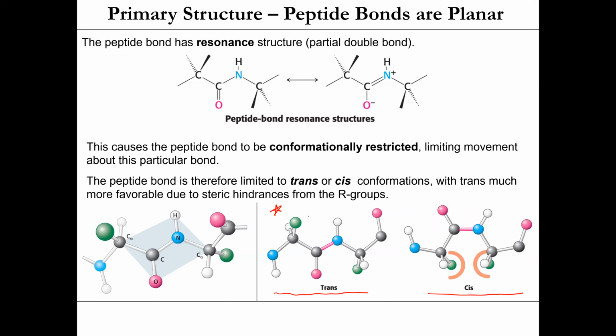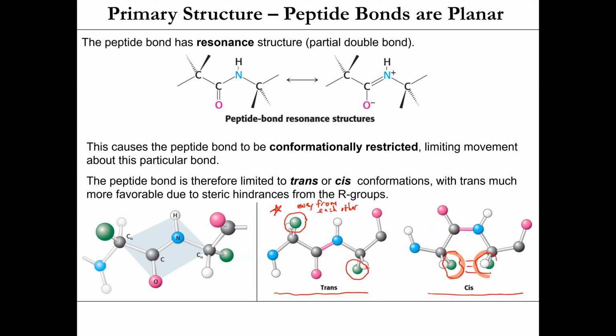And the trans orientation is much more common and more favorable because you can see that these R groups, which are represented by the green spheres here, are oriented away from each other in the trans orientation, but oriented towards each other in the cis orientation.